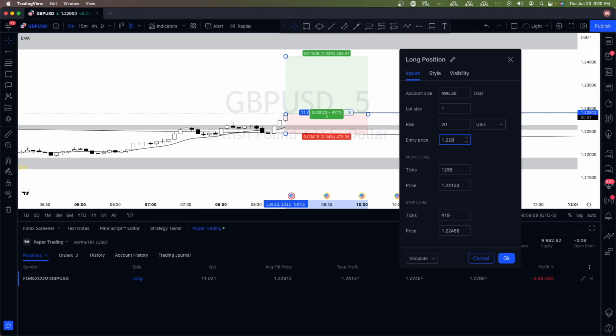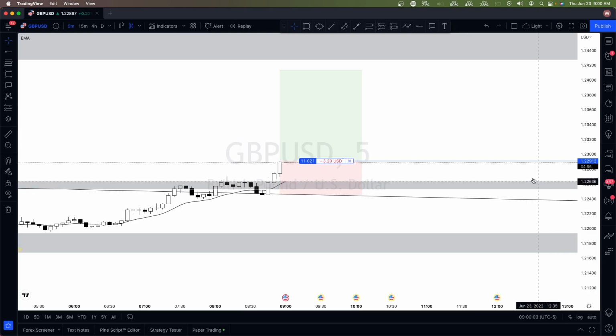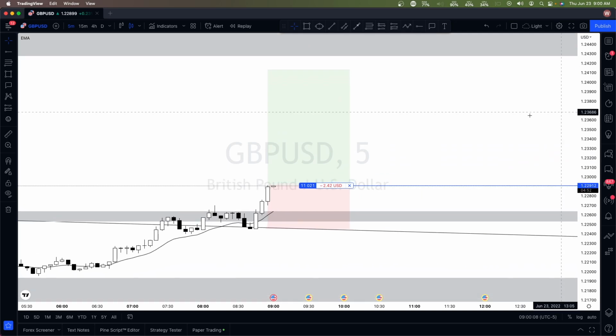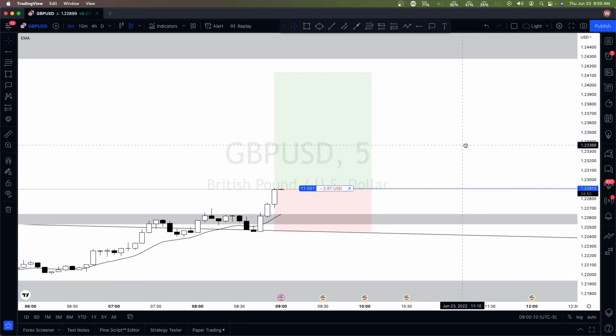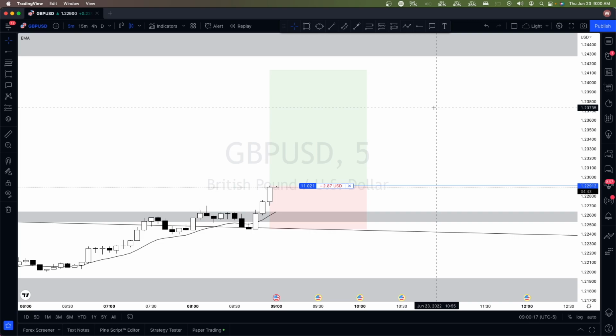So we're in right now, only risking 0.5%. As we get more profit, I'll add on to risk 1%. But we'll come back when we're in profit a little bit.